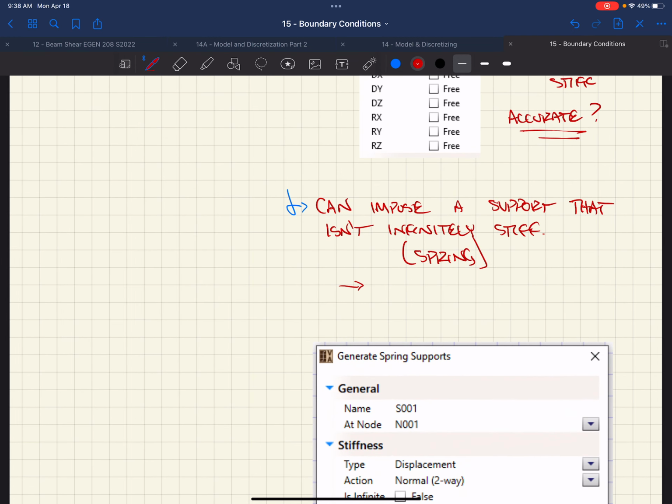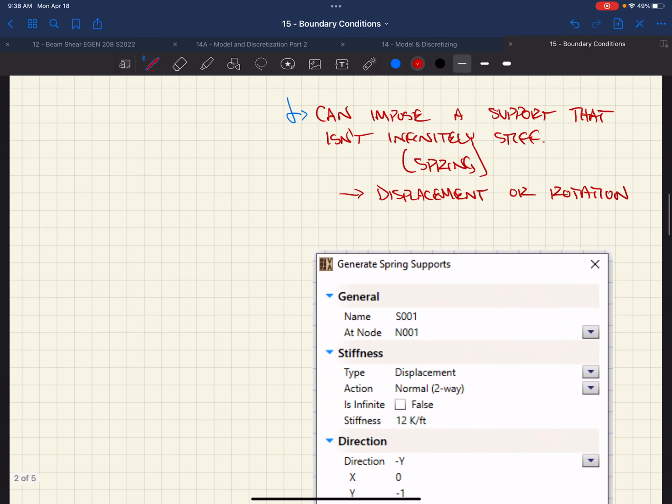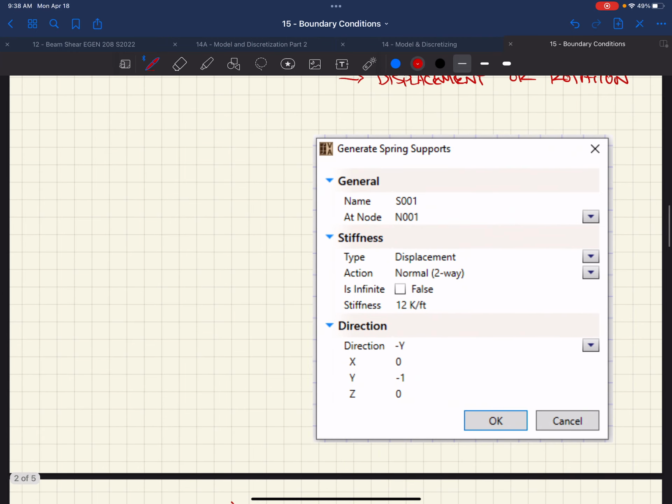And those springs we can do with respect to displacement or rotation. So in VA, we can generate what's called spring supports. We can decide on the node over which it's acting.